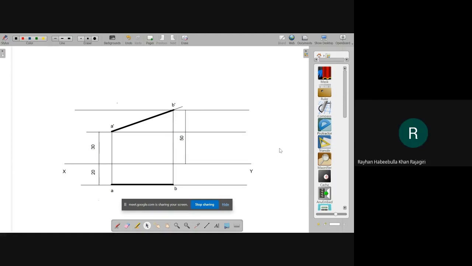The height of B should be 50, that should remain the same. But in the question, it is not mentioned whether A is on the left or right, so you can think the other way also.